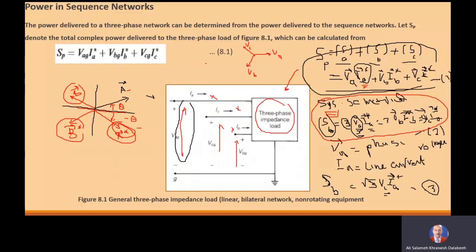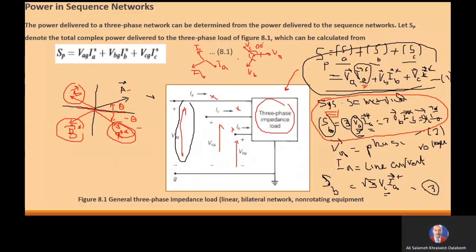And the same for currents. This is the current of phase A, this is the current of phase B, and this is the current of phase C. The voltages for a symmetrical system are equal in magnitude and displaced by an angle of 120 degrees.